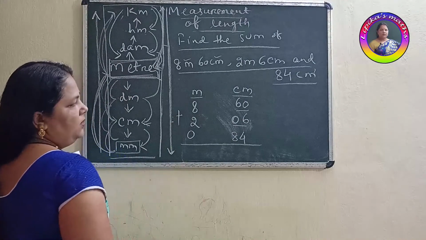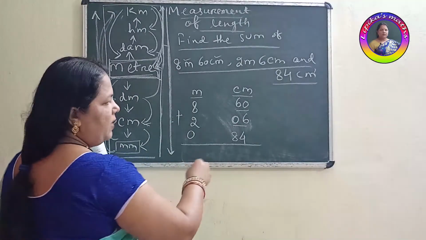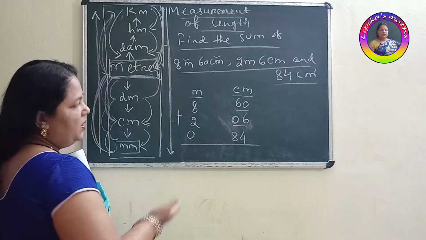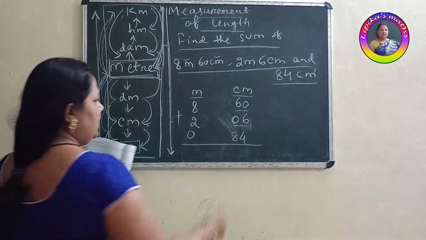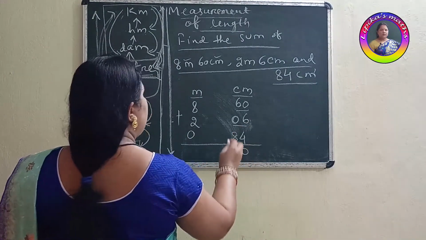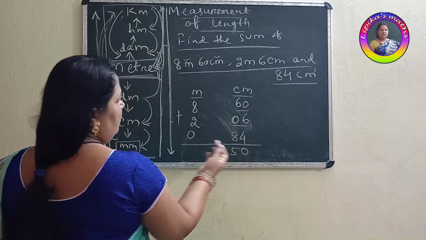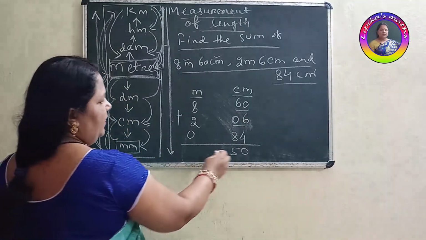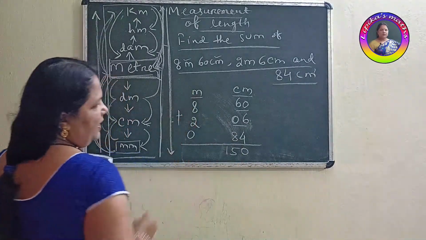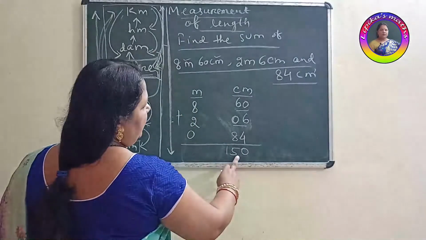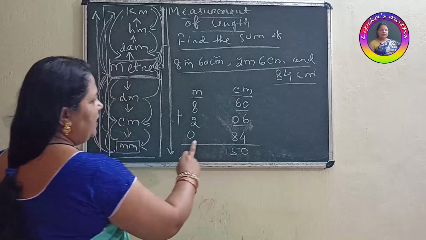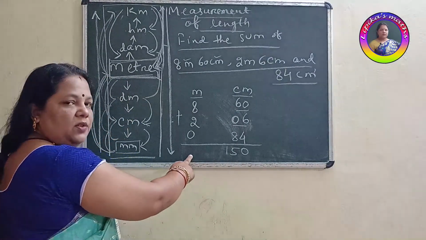Put a symbol to add it. Now how to add? Like your normal counting numbers, how we add. You just add it. 6 plus 4, 10, 1 carry. 8 plus 6, 14 plus 1, 15, 5. 1 you will carry over here. Because if it's coming 150, so 50 will be kept over here and 100 will be carried forward as your 1 meter.